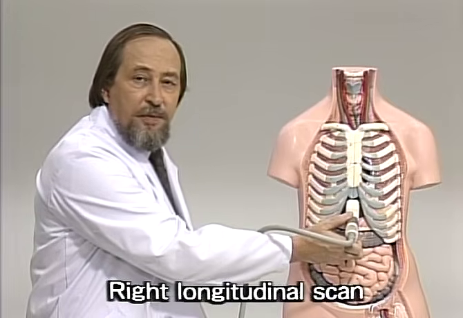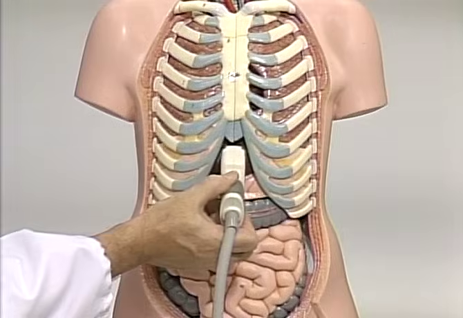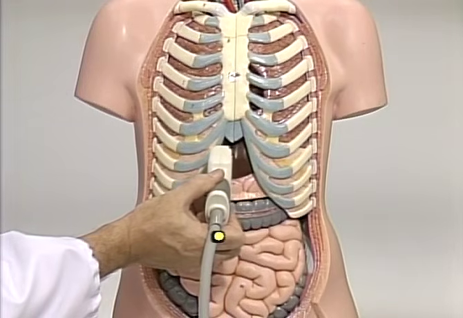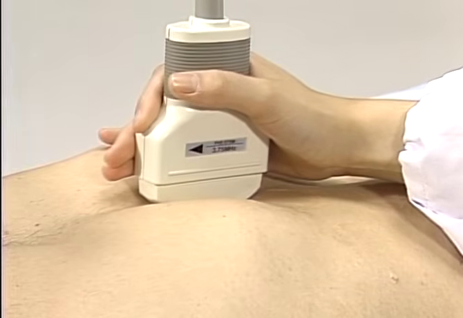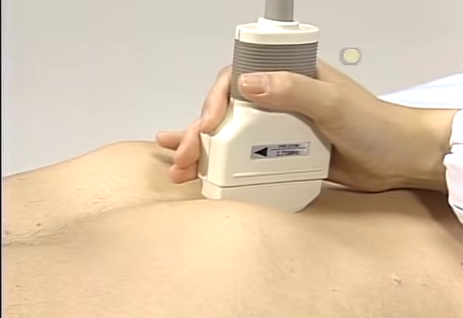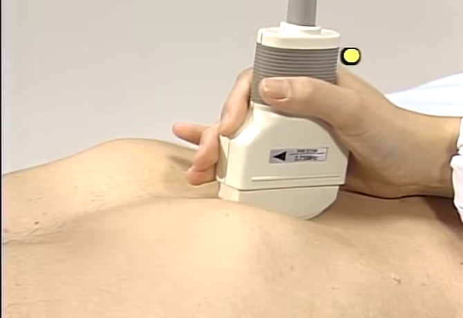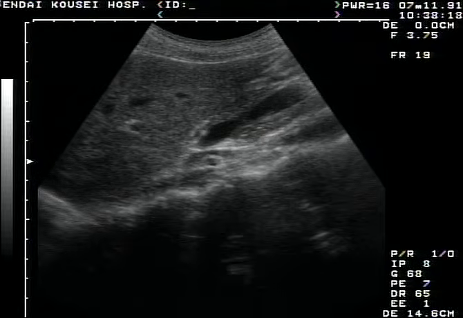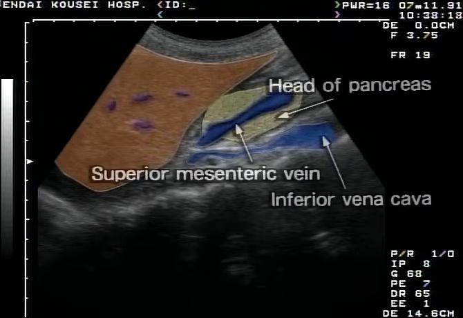Move the probe from the median line slightly leftward in parallel. Then we can see the head and uncinate part of the pancreas. The echoes from the pancreas are usually too weak to be visualized clearly.